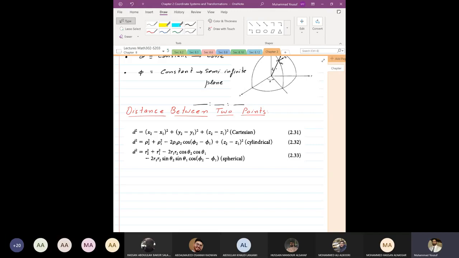Either we convert coordinates rho phi z into xyz or r theta phi into xyz and then use 2.3.1, or we can use directly formula 2.32 for the cylindrical and 2.33 for spherical. So if there is a question to find distance between 2 points, this formula should be given. Maybe not Cartesian, you are very well familiar with this one. But for cylindrical and spherical, this is a new formula for you.